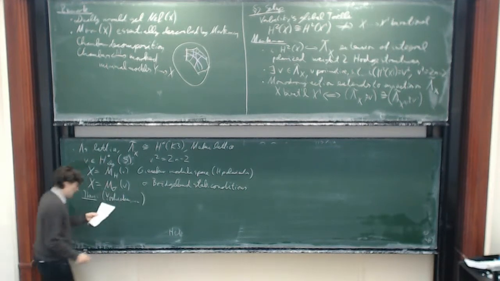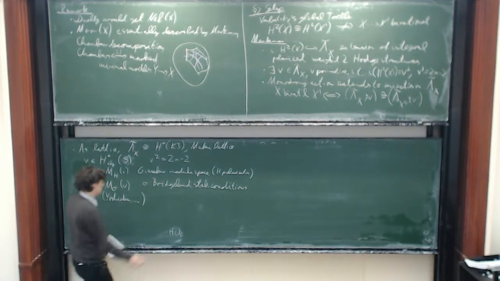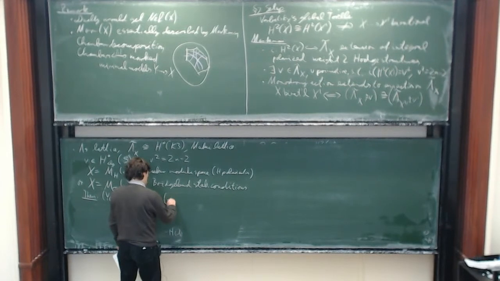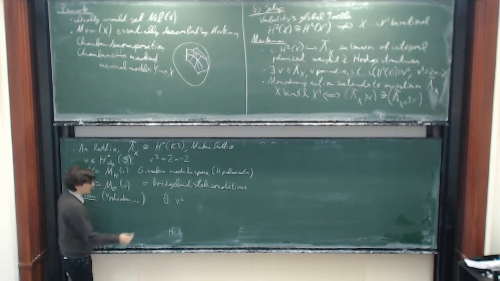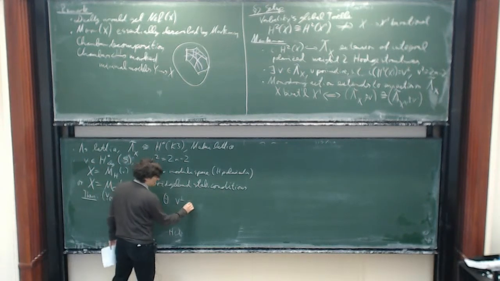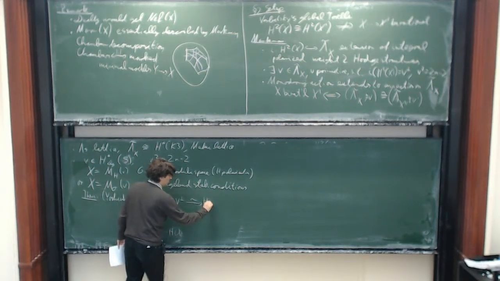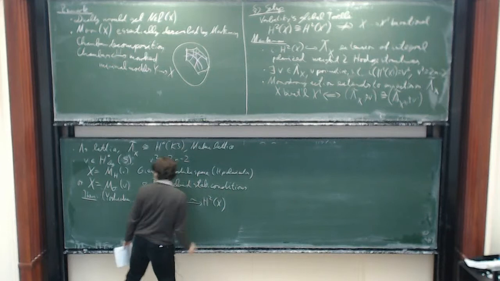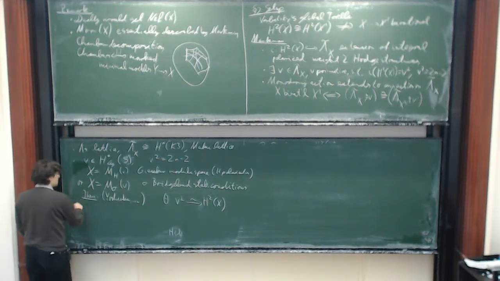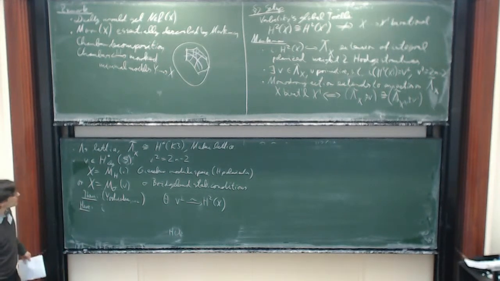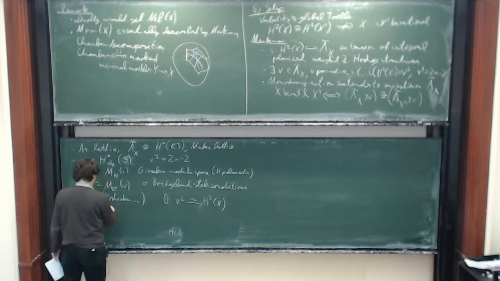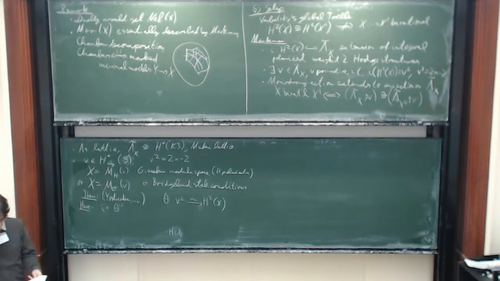It says that there's an isomorphism from the orthogonal complement of v inside the cohomology to H2 of X. And the statement is that here Markman's inclusion of Hodge structures is just the inverse of this one.